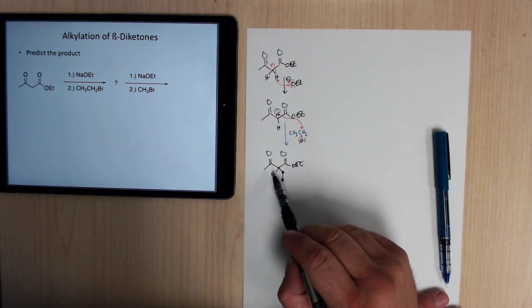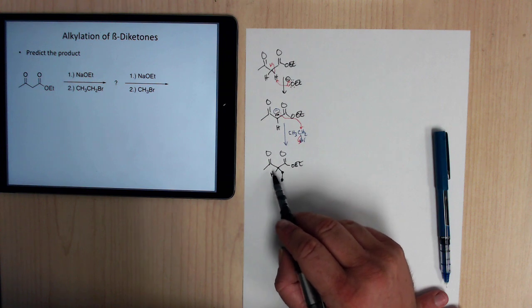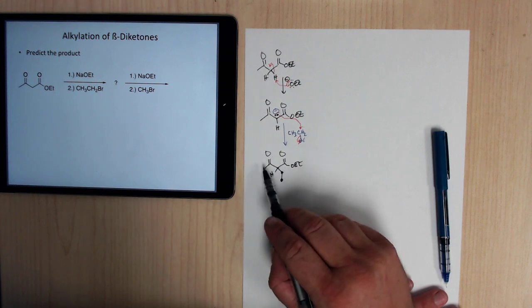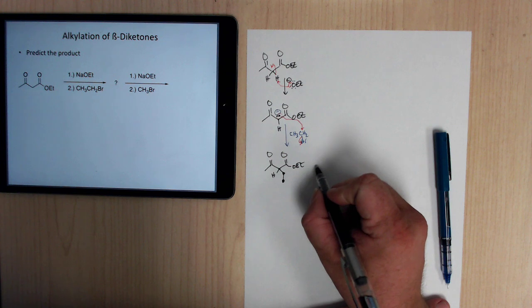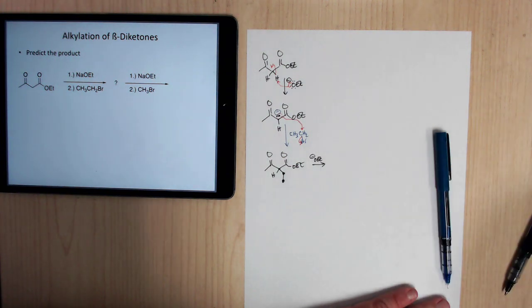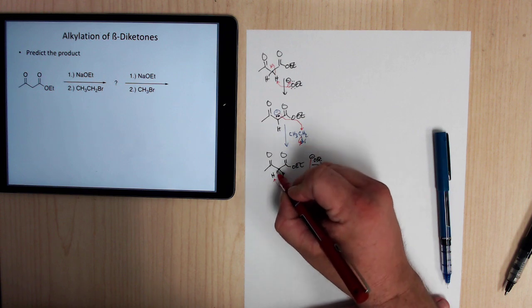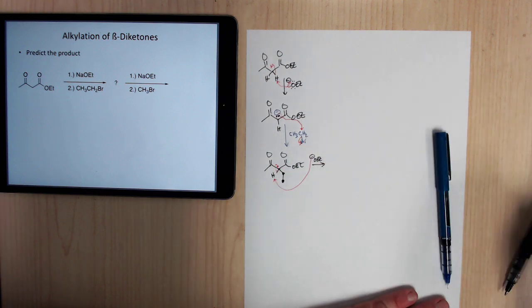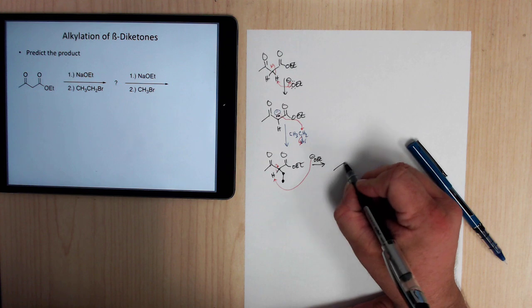Now, we still have a hydrogen here. It's still between two C double bond O's. So we can again go through this process as sodium ethoxide. This is going to come in, grab this, push those up there.